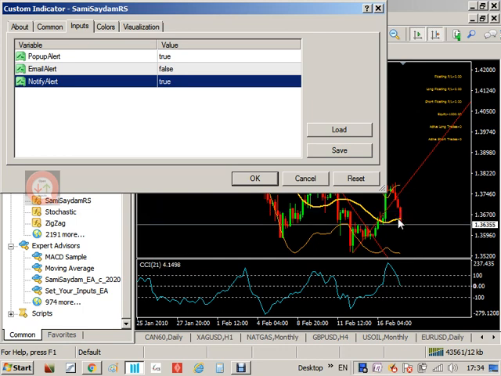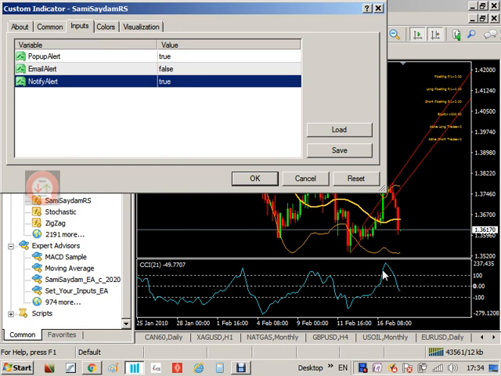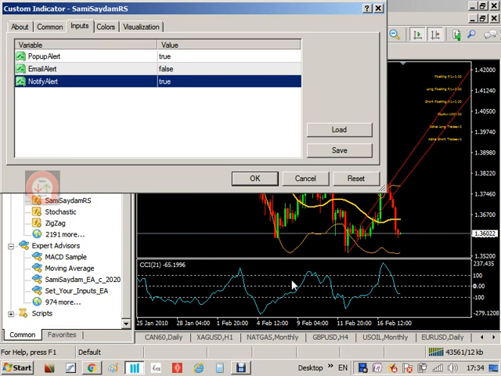They will tell you euro, US dollar, 4 hours, trend is down. So you can go and check what is happening. It will come to your mobile, and you open your mobile if you are on the go, and check the MetaTrader and check the CCI, and also you will follow up the high impact data pop-up every day.